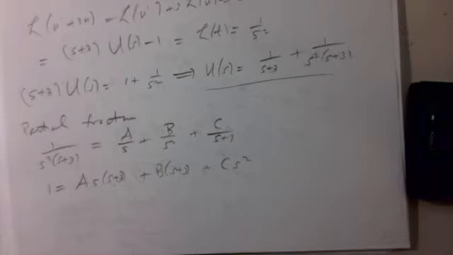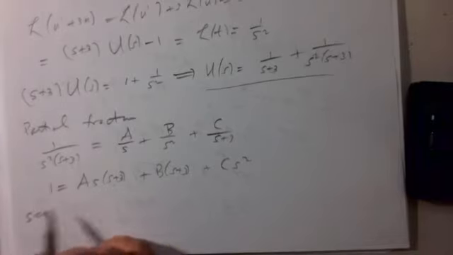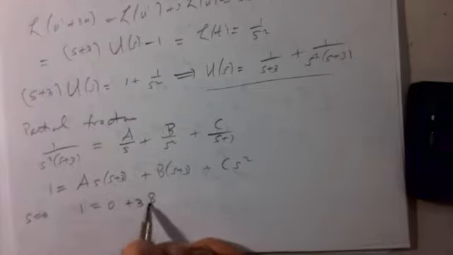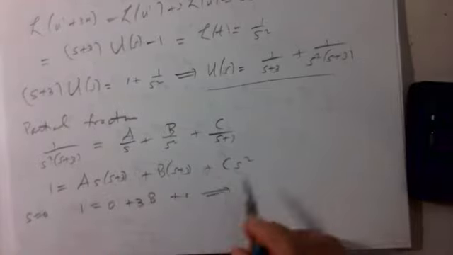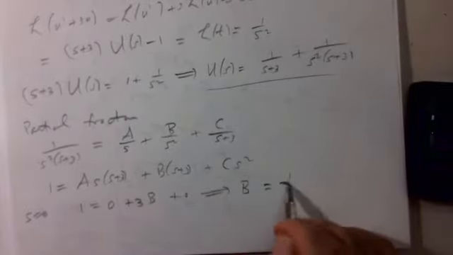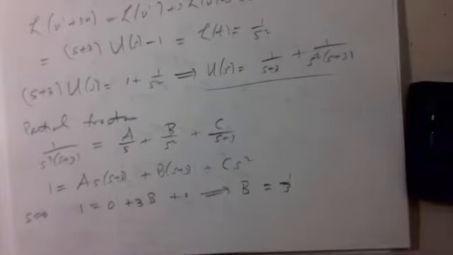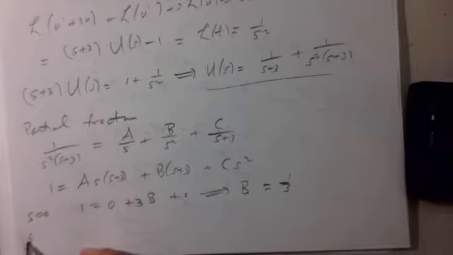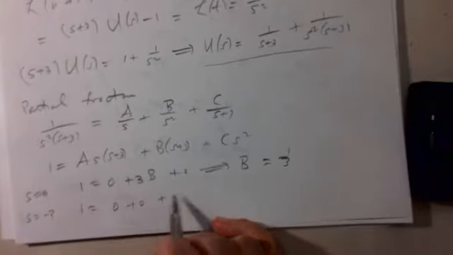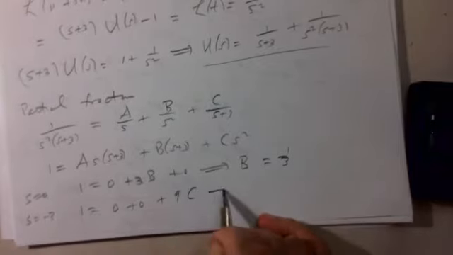And for example, if you let s equal 0, you get 1 is equal to 0 plus 3b plus 0. So b is equal to a third. If you let s equal minus 3, you get 1 equals 0 plus 0 plus 9c.